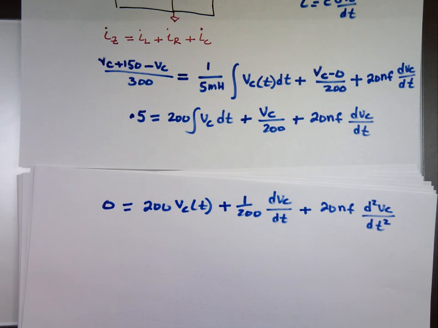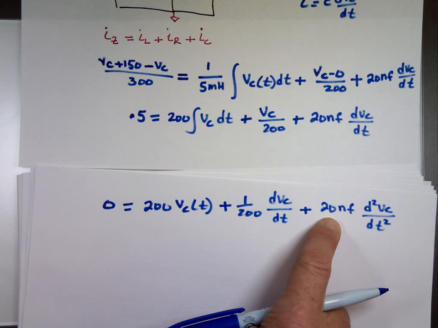Let's divide everything by 20 nano. Nano is what? 10 to the minus 9.